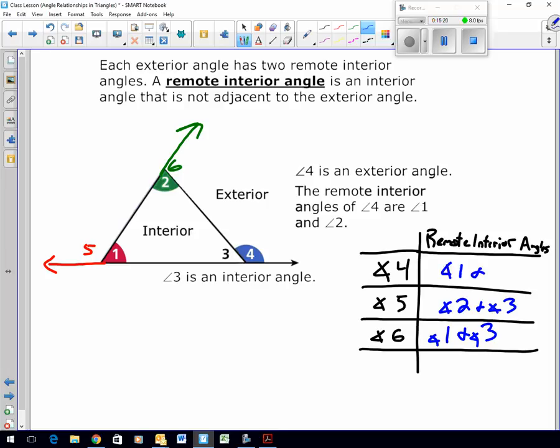If you just fill out this chart, you probably ain't gonna figure it out on your own, right? You gotta go through that process. What angle's next to it? What are the other two interior angles, inside angles of the triangle? It's all important for the following reason. Okay? Bam!